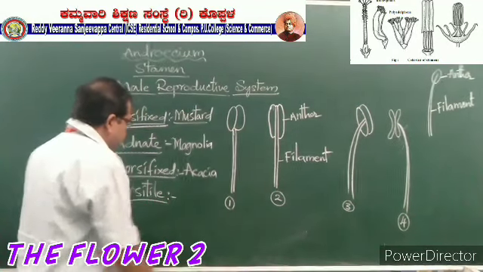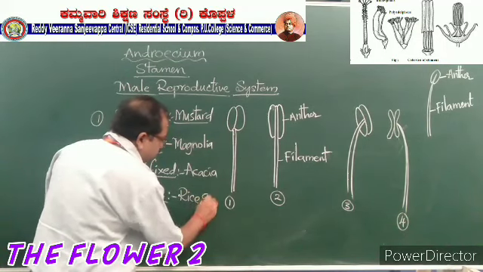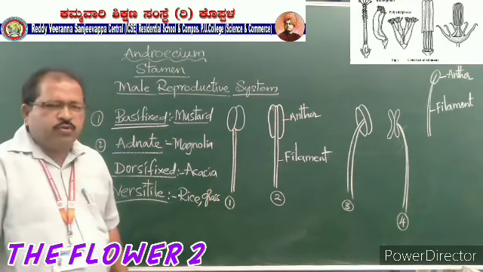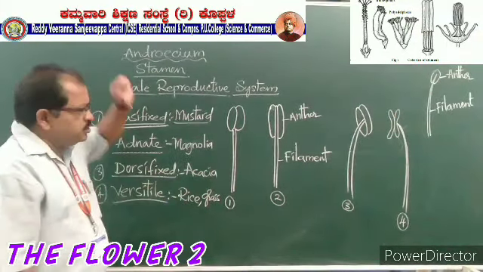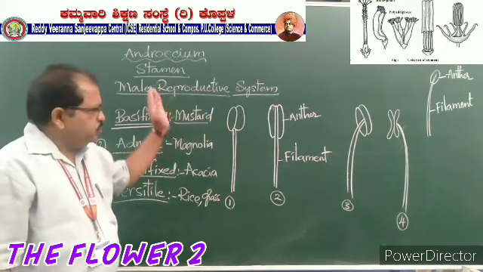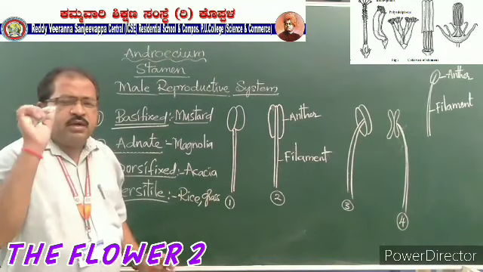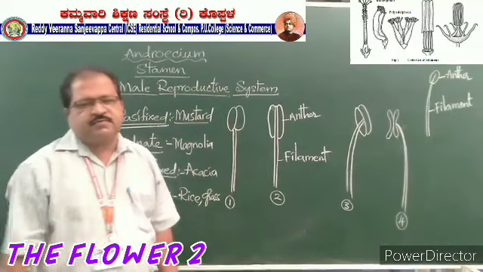Versatile is found in rice, grass, and almost all monocot plants, which have the versatile arrangement of filament and anther. So these are the types of stamen based on the attachment of the filament at the anther.